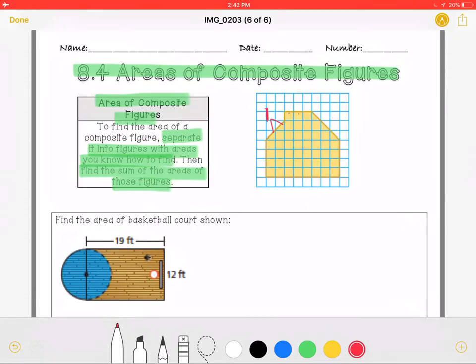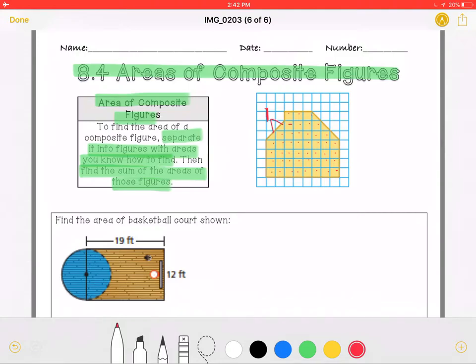Whereas this is 1, 2, 3, 4, 5, 6, 7, 8, 9, 10, 11, 12, 13, 14, 15, 16, 17, 18, 19, 20, 21, 22, 23, 24, 25, 26, 27, 28, 29, 30, 31, 32, 33, 34, 35, 36, 37, 38, 39, 40, 41, 42, 43, 44, 45.